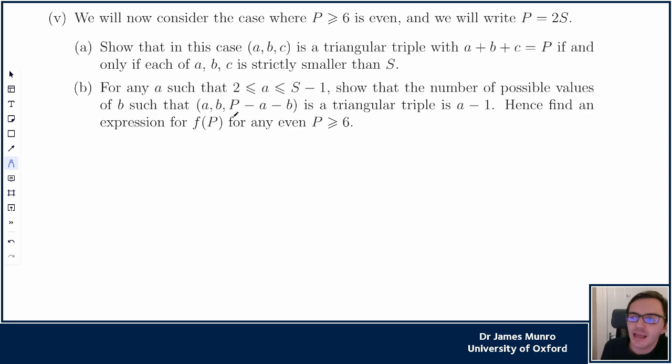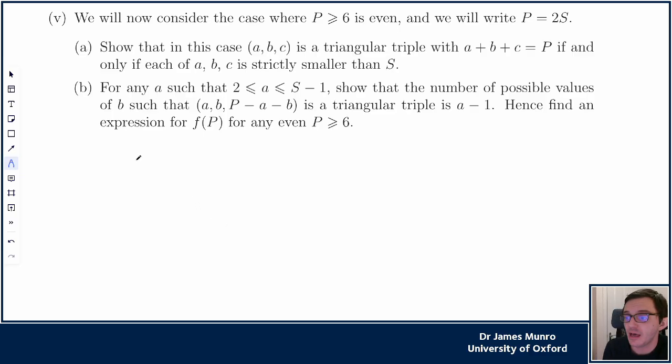Okay, and A, we've been given some limits here. It's bigger than or equal to 2 because that's where we start. We know from the earlier parts, part 3, that given even perimeter, each side has to be bigger than or equal to 2. So we're told that A is between 2 and S minus 1. We're interested in the number of values of B. Now, what do we know?